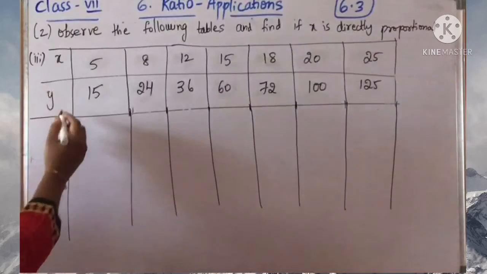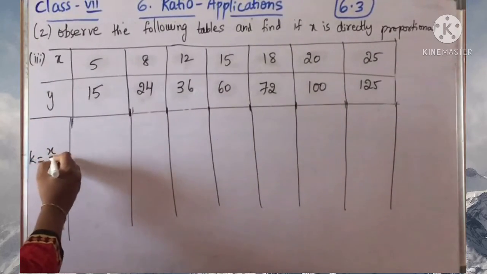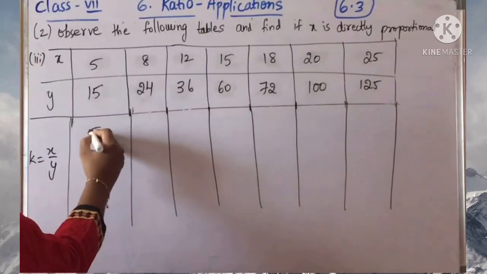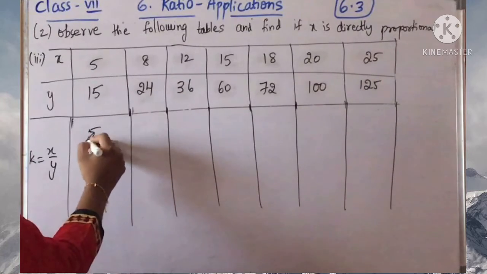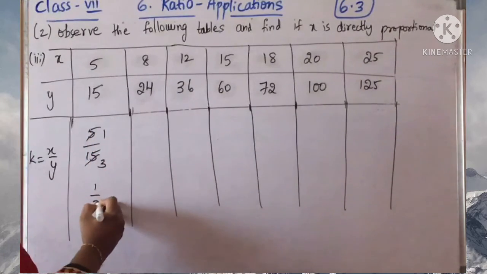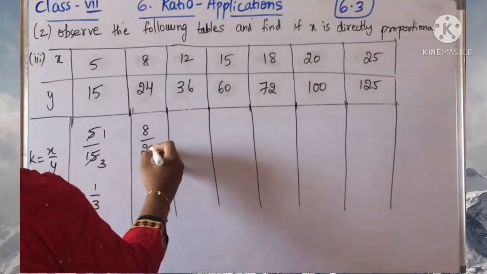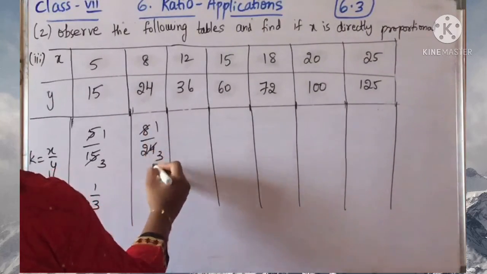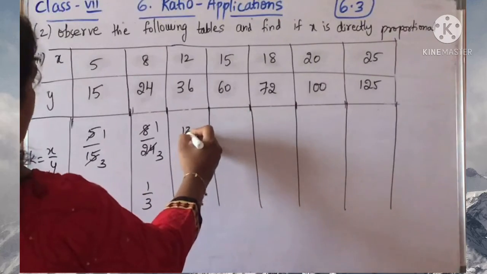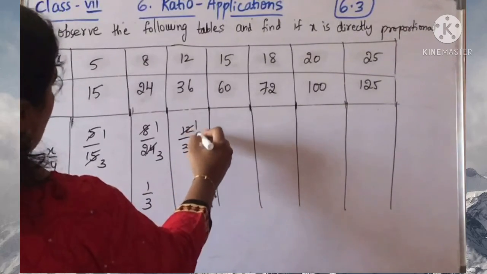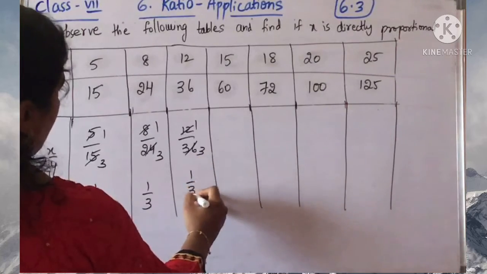Next, third one. Constant is nothing but x by y. So 5 by 15 we will find, children. 5 1s are 5, 5 3s are 15, so you will get 1 by 3 here. Next here 8 by 24. 8 1s are 8, 8 3s are 24, so 1 by 3. And 12 by 36. 12 1s are 12, 12 3s are 36, so 1 by 3.